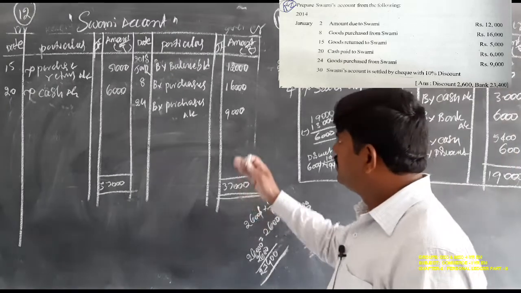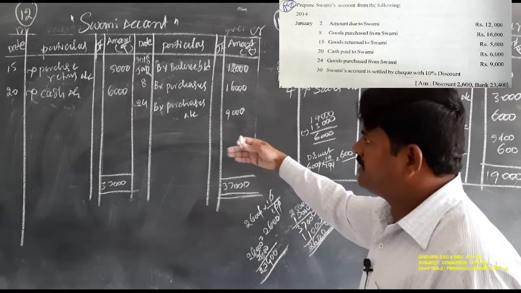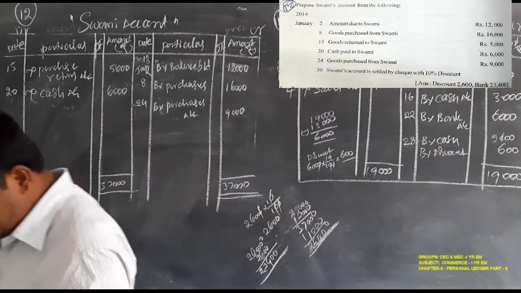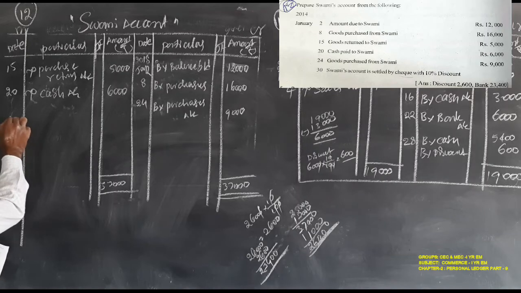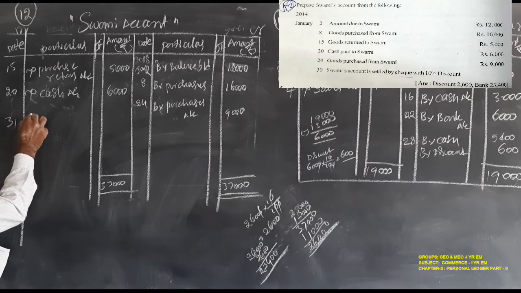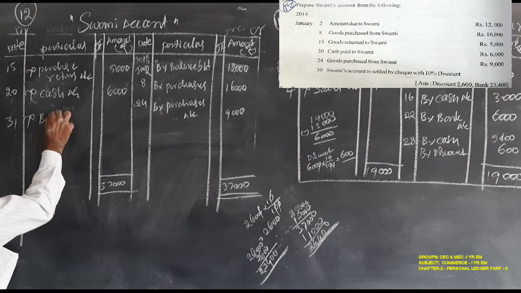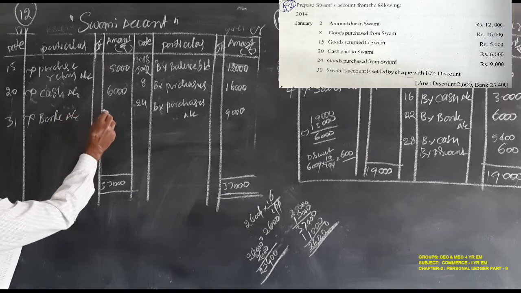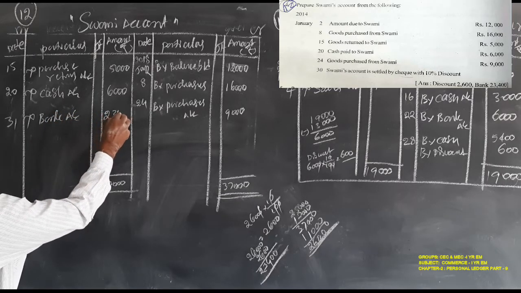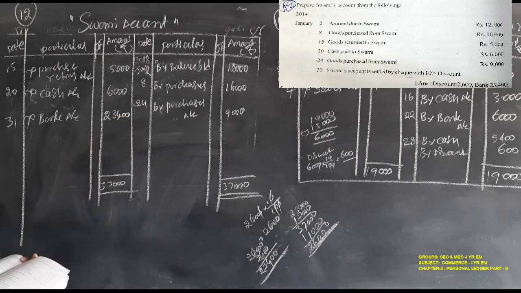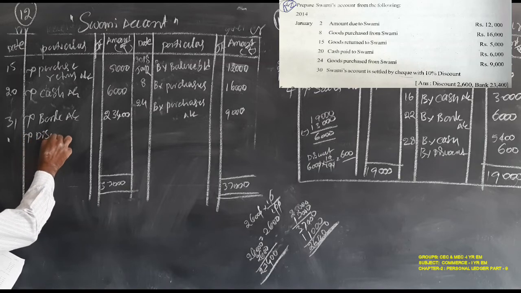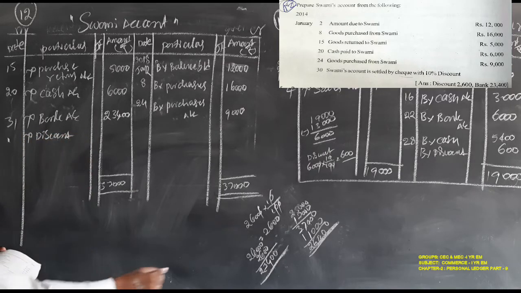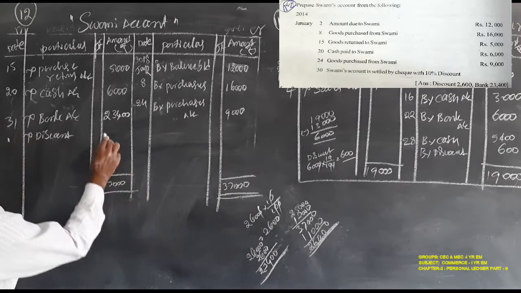So in this problem, shortage this side, you have to record this side. What is the last date? January 31st. To bank account 23,400 rupees, net payment. Same date, to discount, amount is 2,600.